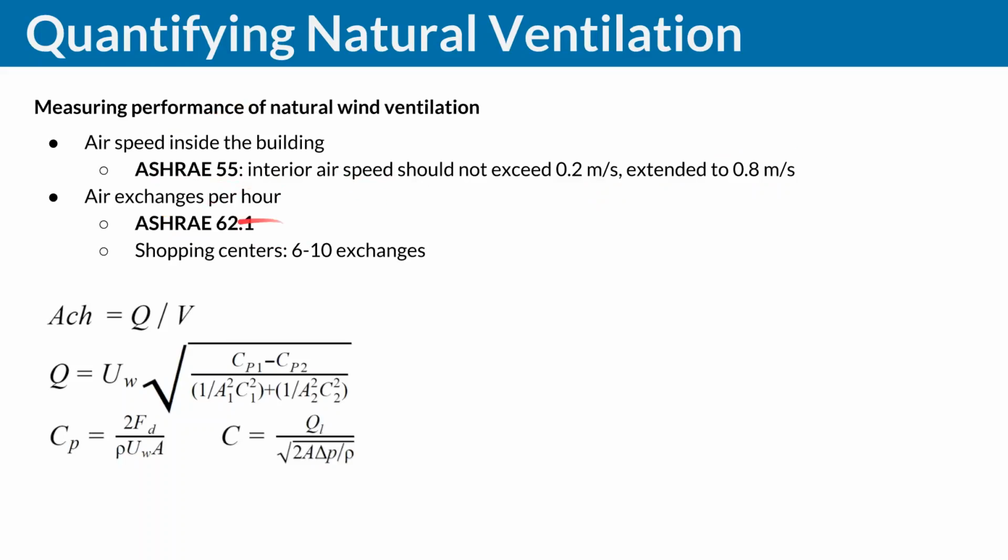And the ASHRAE standard 62.1, which is about ventilation, defines the minimum air exchange rate per hour. For shopping centers, it's required to have 6 up to 10 air exchanges an hour. For this, we can basically use 2 metrics which are defined inside this ASHRAE standard.